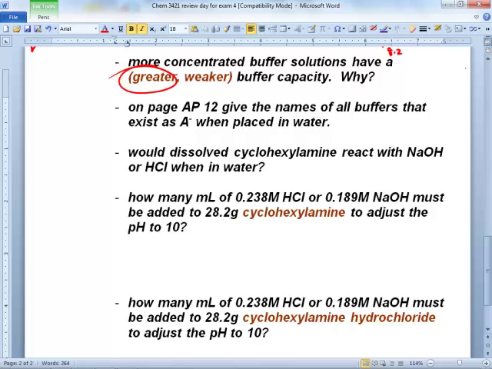How about this question? Let's give it to Jamesa. Would dissolved cyclohexylamine react with NaOH or HCl? So off the shelf, you grab the bottle that says cyclohexylamine. Where is cyclohexylamine? Okay, here it is.